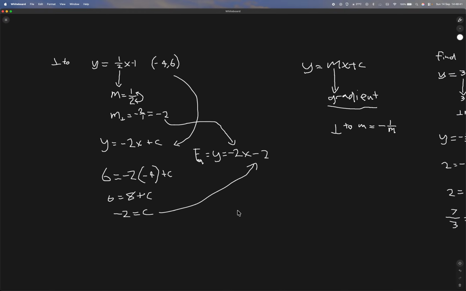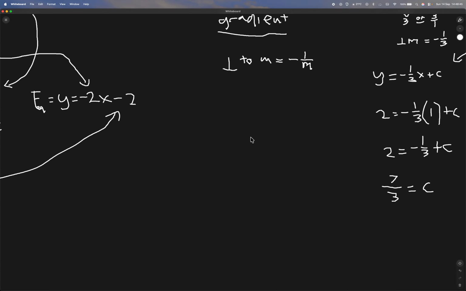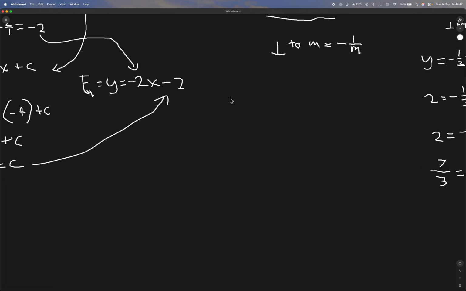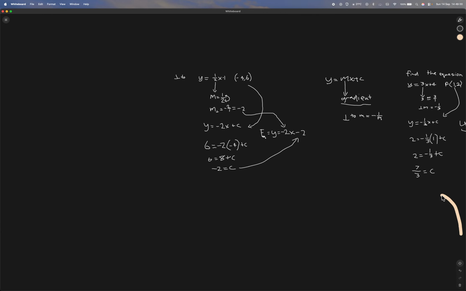I'll do one more example, and feel free to stop the video and try and work this one out yourself. So I'm going to draw a little border.